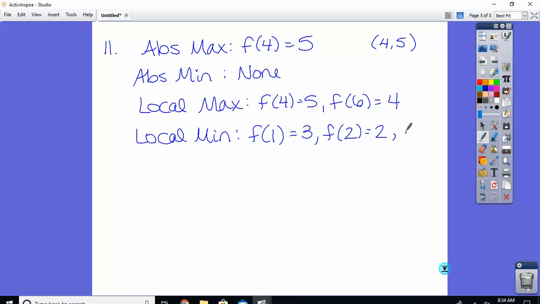And one more, f of 5 equals 3. Again, you can't use, like at 6, you've got that open circle, but the points on the left are higher. We can't use endpoints, so those would be our only ones.